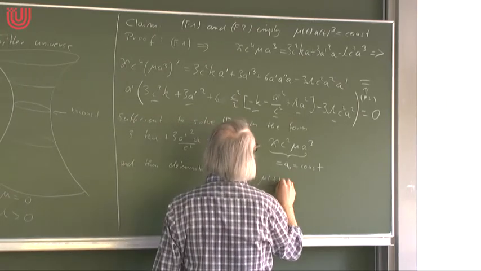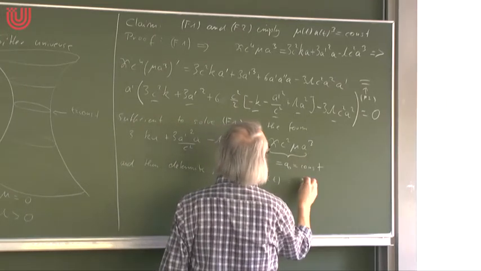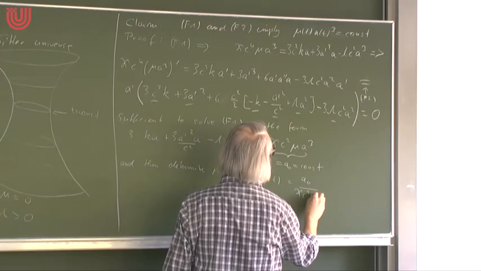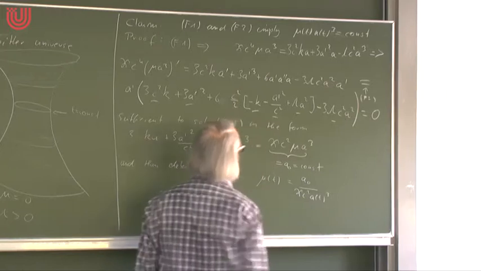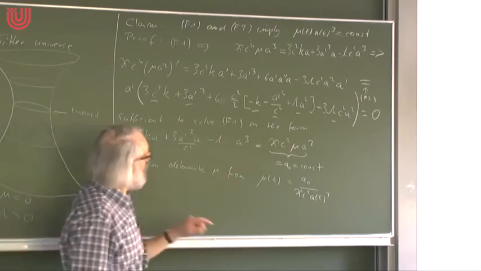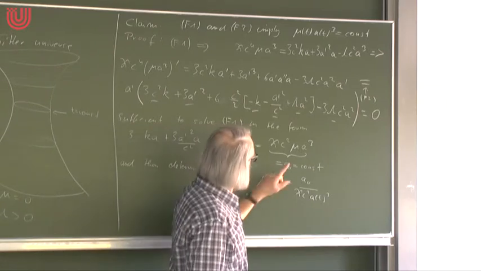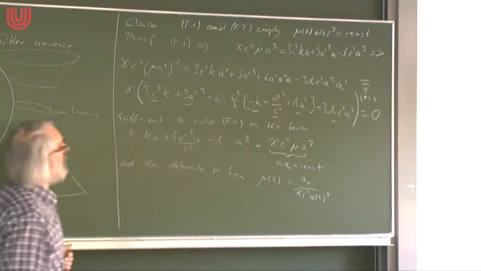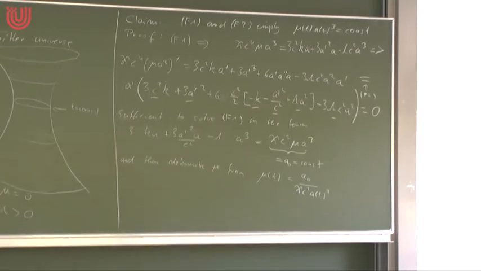So mu of t would then be, if I solve this for mu, a naught divided by kappa c squared a of t cubed. So if I have determined a solution A of the first equation with a constant a naught, and then determine the mu from this equation, then I claim that f2 is automatically satisfied.